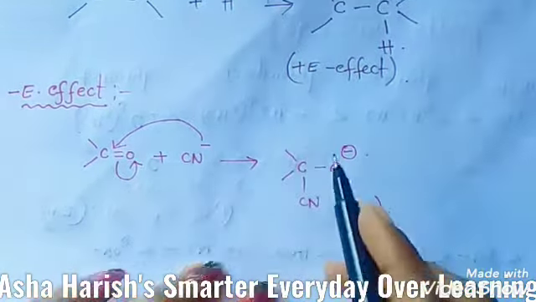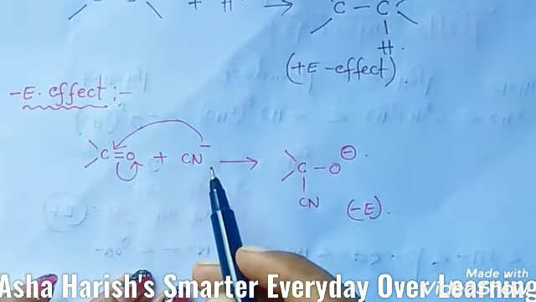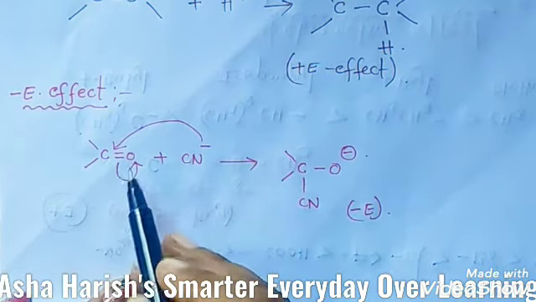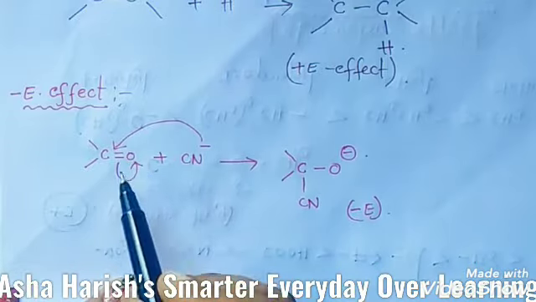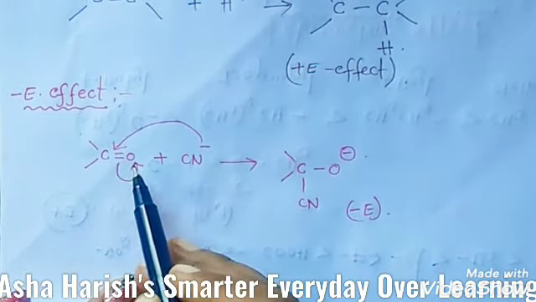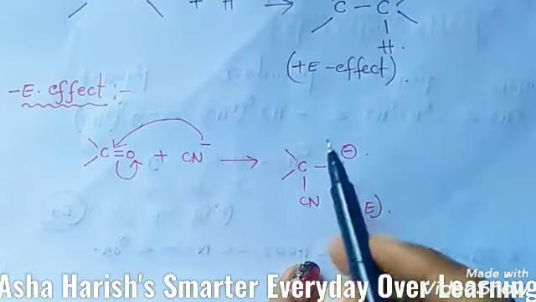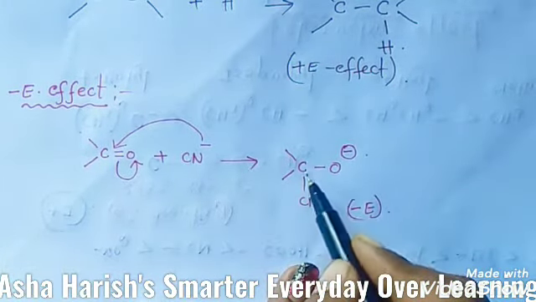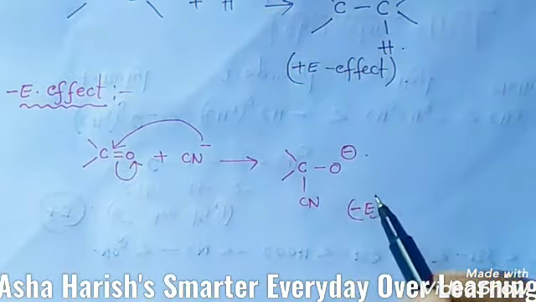Okay, the addition of cyanide, this is CN minus ion, cyanide ion, to the carbonyl group. So this is the carbonyl group. Then the transfer of electrons could be done like this, from this double bond to this oxygen only, and from this negative ion to this carbon. Then students, the formed compound should be C-O-CN with these bonds.